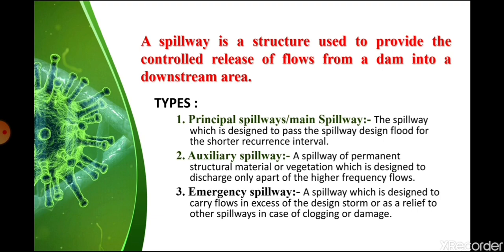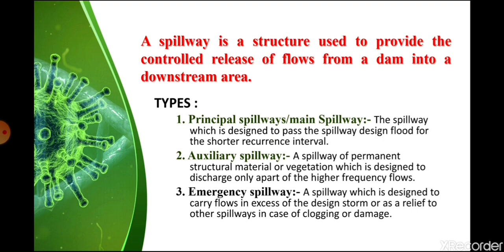So to allow that excess amount of flow, a controlled amount, not the complete flow, a part of the flow will go into the spillway. Such a spillway is called auxiliary.